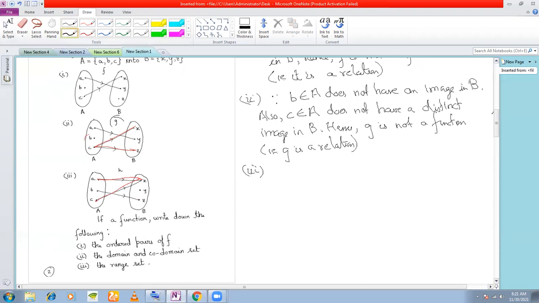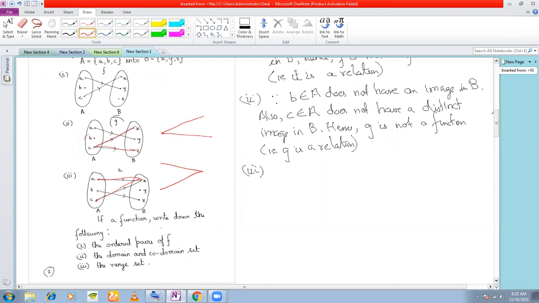Does not matter. So you can remember it this way also: when two or more light rays converge, then that is a function. But when a light is coming from a light source that is diverging, that is spreading across, then it is not a function.